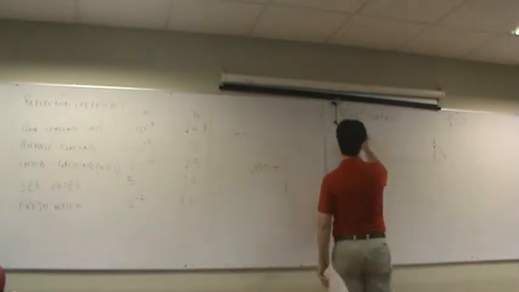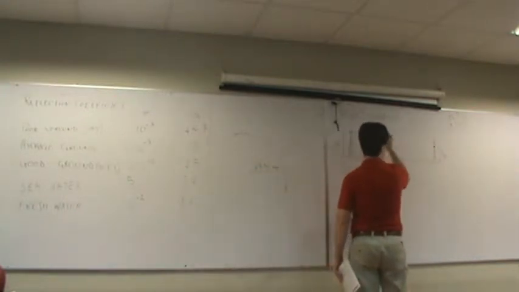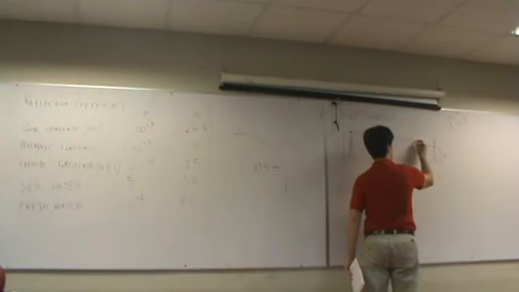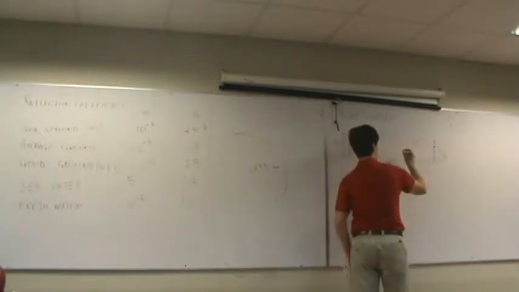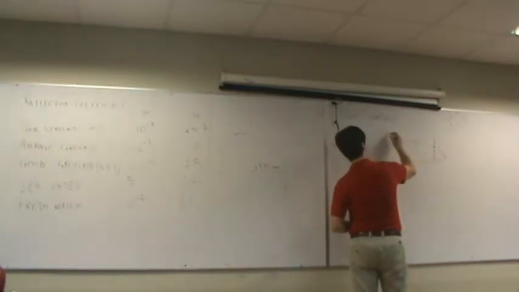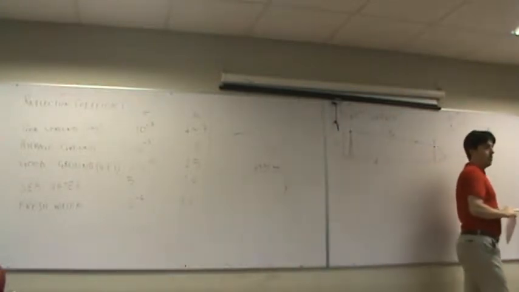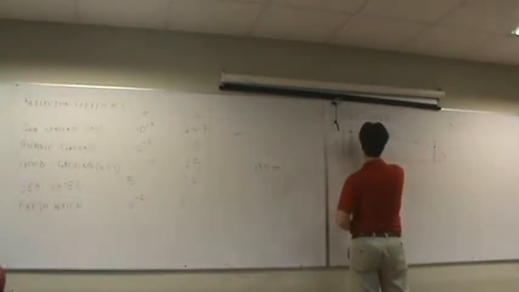Okay, what happens? We have a direct electromagnetic ray. We call it RD, direct. And then we have a reflected electromagnetic ray.